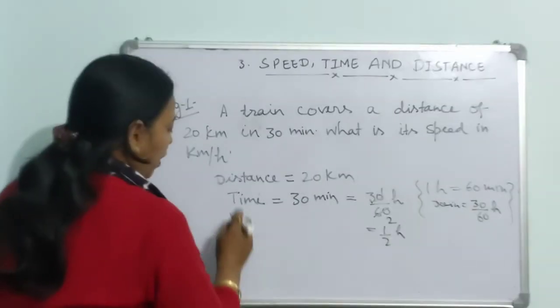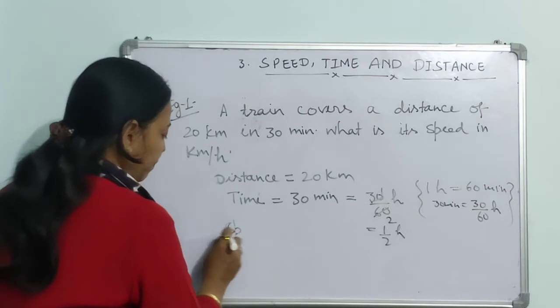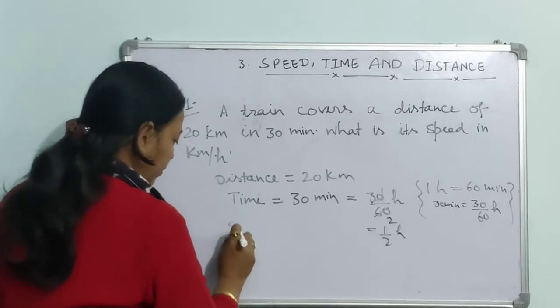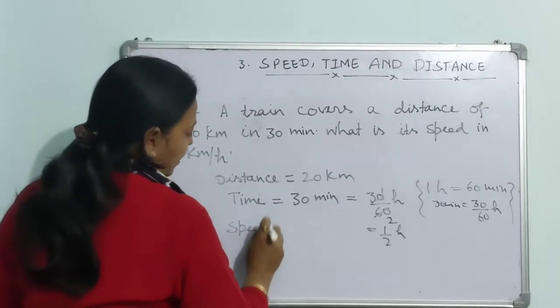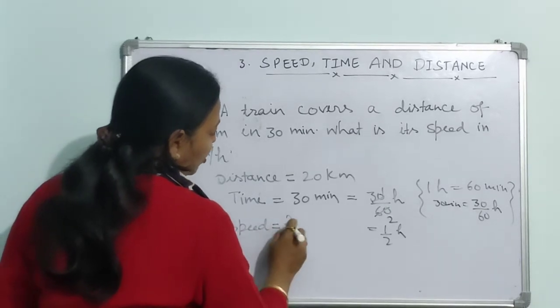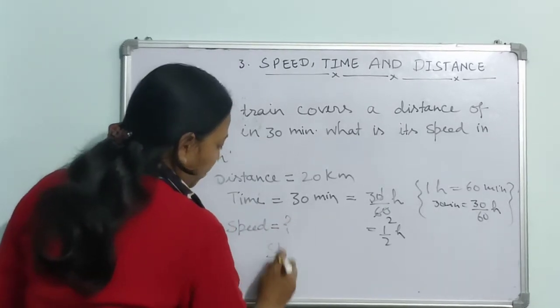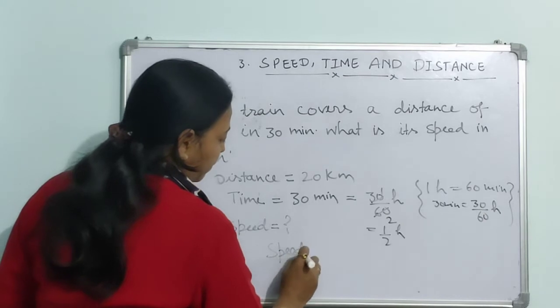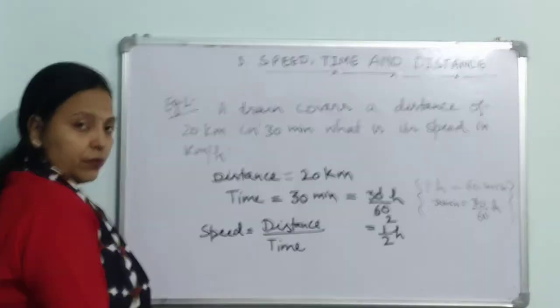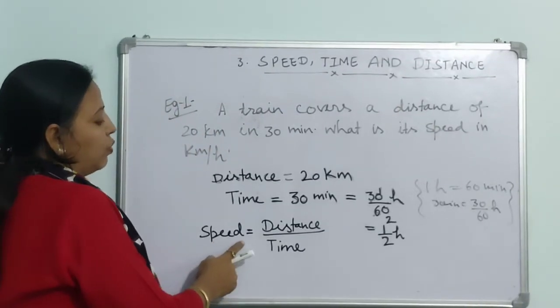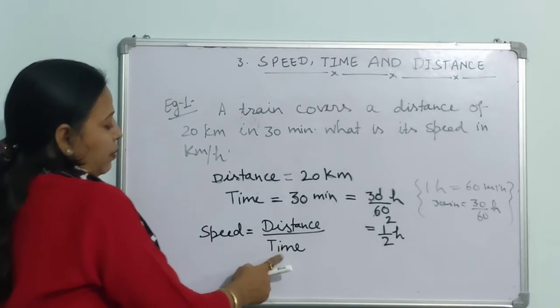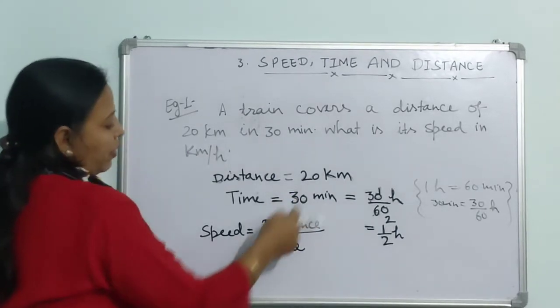Now next thing which you have to calculate is speed. Speed is equal to question mark. So write the formula for speed. Speed is equal to distance upon time. So now write the values which are given here.